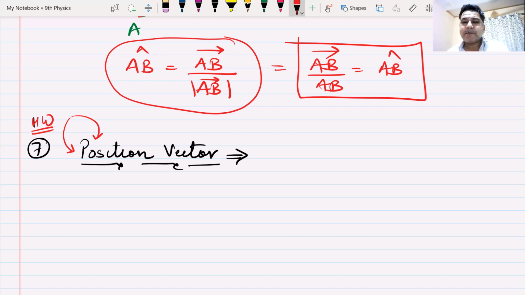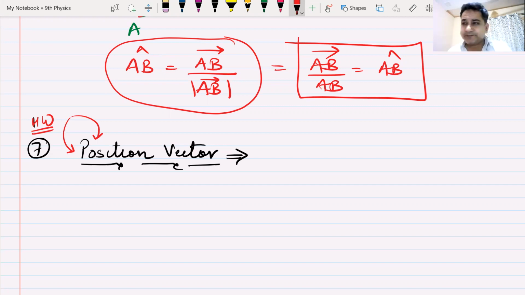Because we are going to learn new terms, velocity, displacement, acceleration. To understand those terms, because they are vectors as well as scalars, you need to have an understanding of these vectors. The first term that will confuse you is displacement, and to understand displacement, you have to understand this position vector.